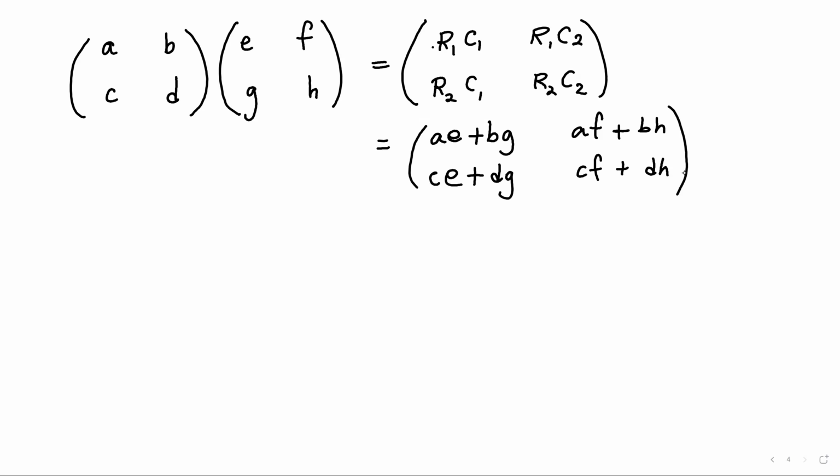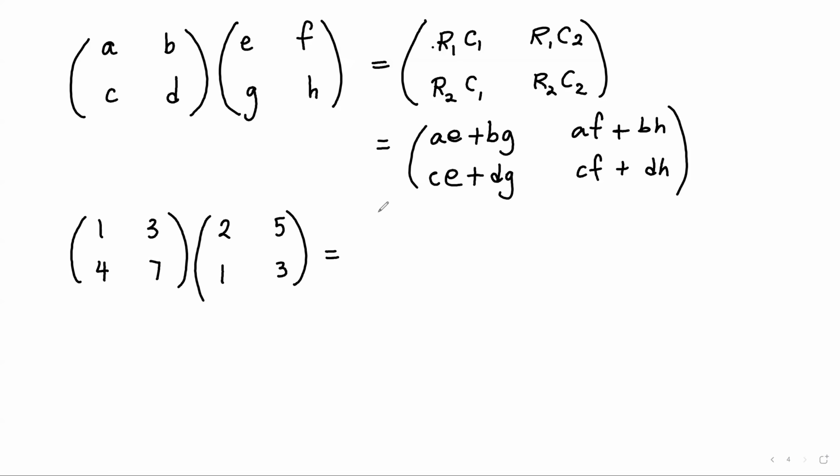So let's do an example with actual numbers. Let's say I have 1, 3, 4, 7, and I want to multiply that by 2, 5, 1, 3.